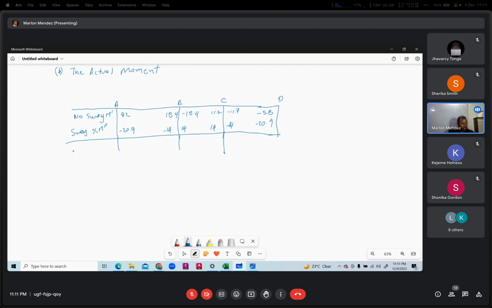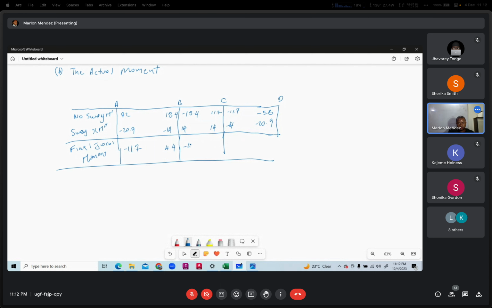Then we have the final joint moment. So what is the final joint moment? Add up all of this. When you add up all of that, this becomes minus 11.7. This becomes 4.4.